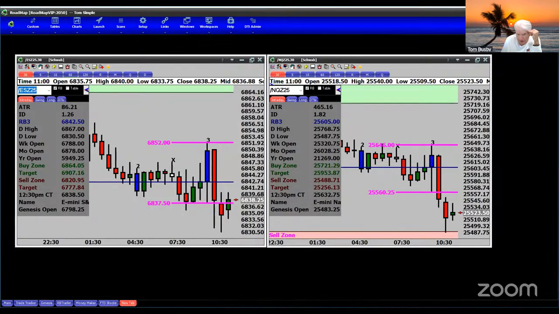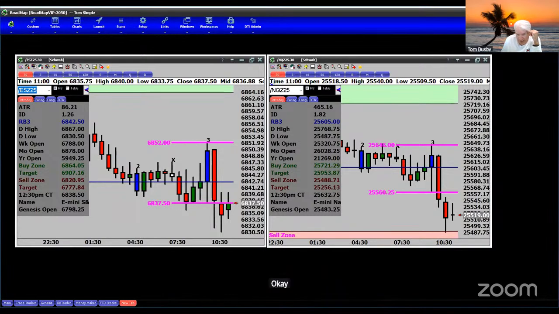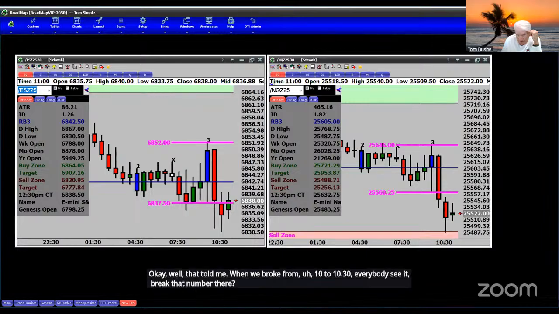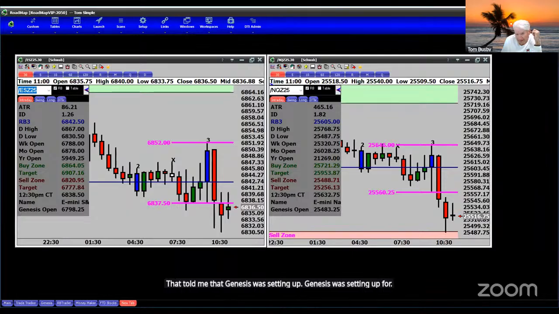Say yes if you see that, or he could put a circle around it. That told me, when we broke from 10 to 10:30, everybody see it break that number there? That told me that Genesis was setting up for a low period.